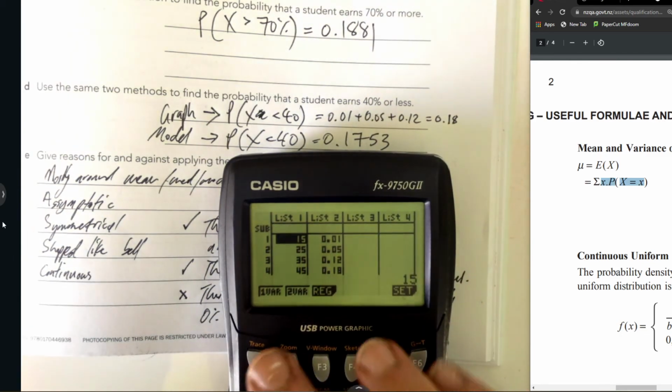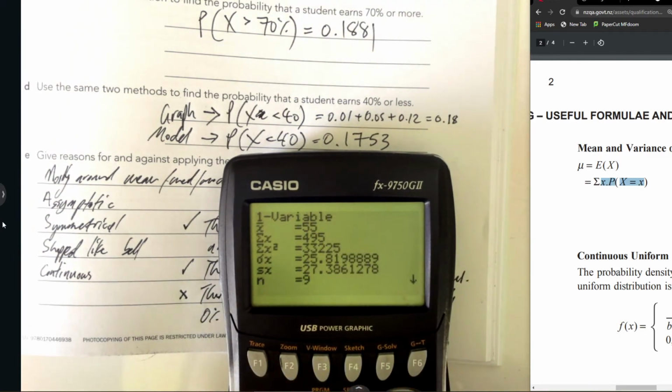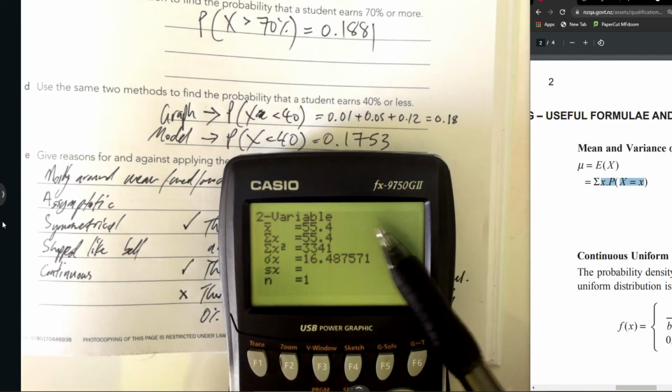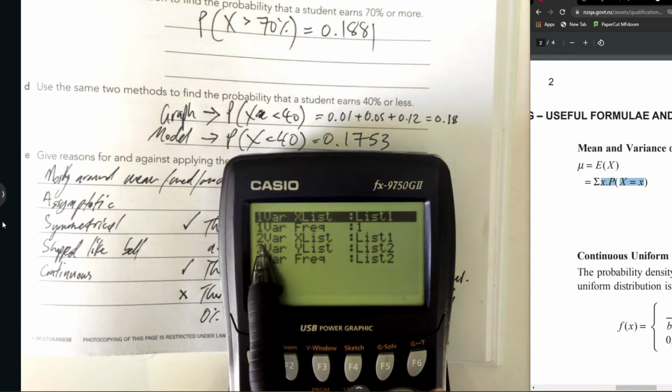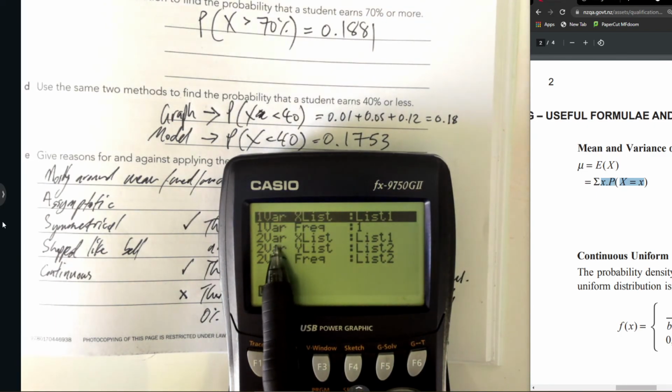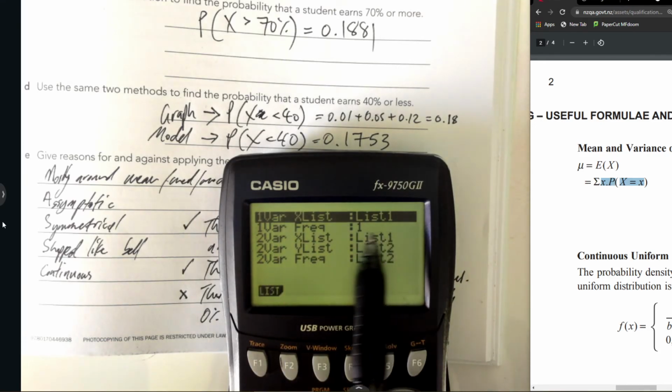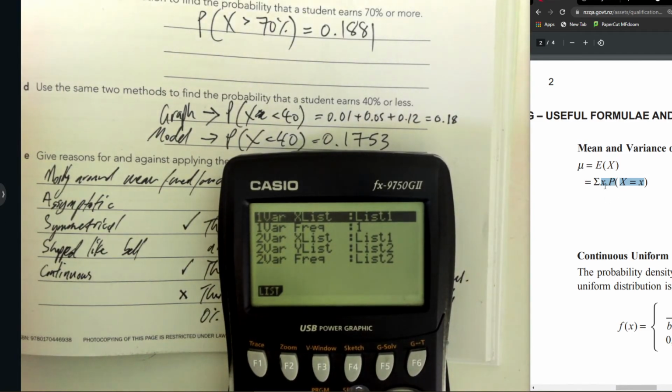The reason being, there are actually two variables. I'm doing two variables because I've got my X and then my probability. The X list is list 1. That's where I've got the X. List 1 is this X, and then actually it's a frequency. I thought the Y list would automatically work that out, but it doesn't. So I needed to change the second variable's frequency to list 2, because the frequency of those test scores, the probability, is this value here.